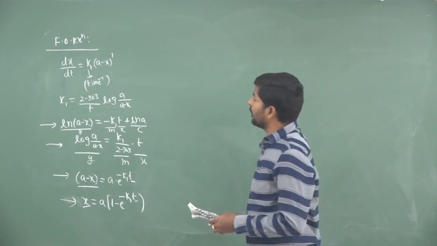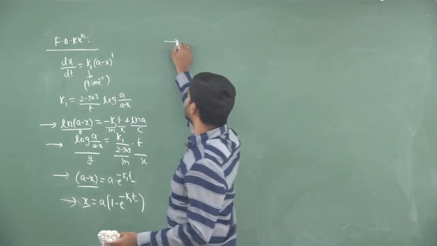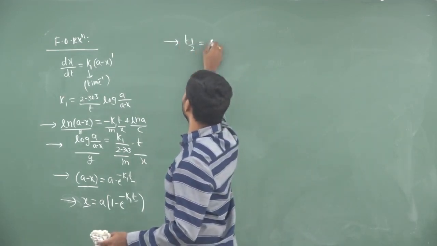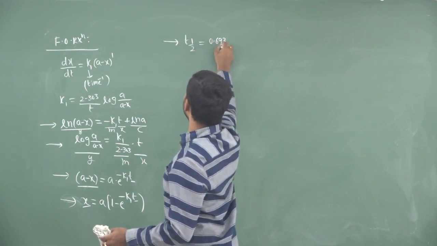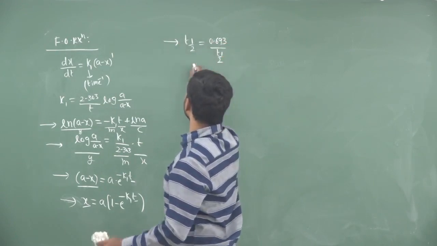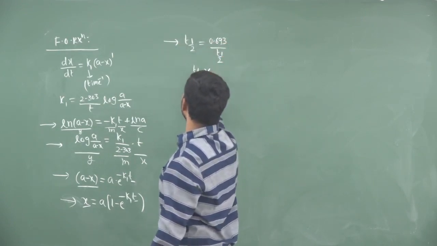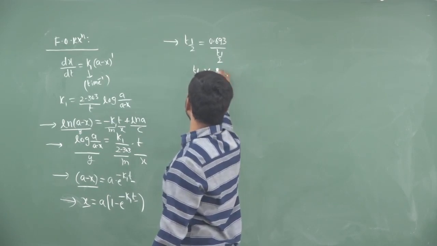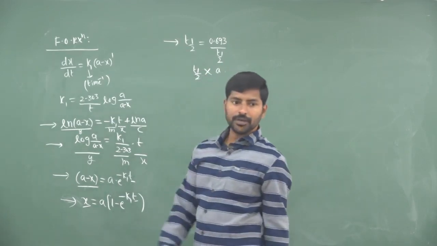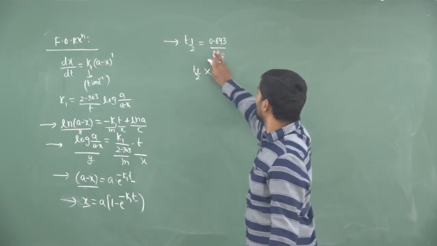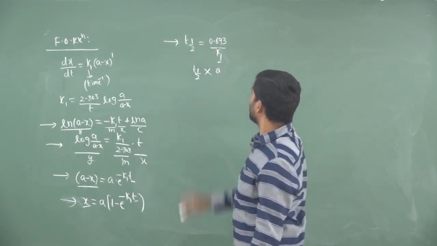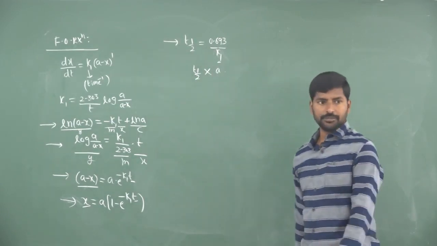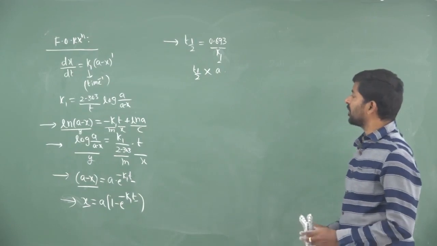Next one, what is the expression for half life? 0.693 by K1. So does half life depend on initial concentration or is it independent of initial concentration? It is independent of initial concentration. T half is independent of initial concentration for first order reactions.